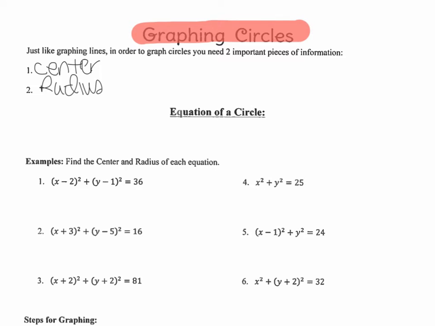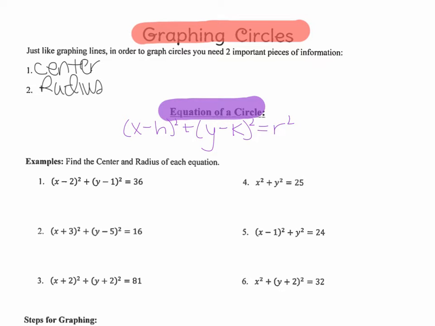So an equation of a circle is much different, obviously, than y equals mx plus b, because y equals mx plus b represents a line. So my equation of a circle is (x minus h) squared plus (y minus k) squared equals r squared.